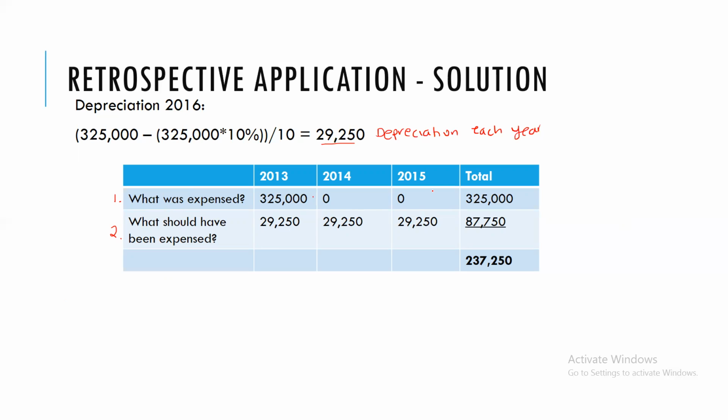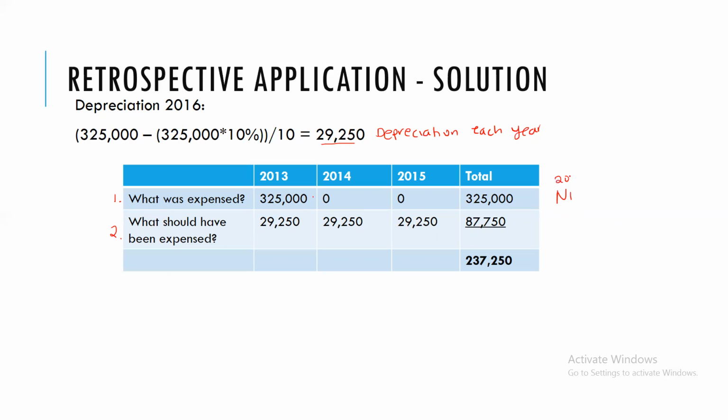So by the time we get to the beginning of 2016, they have expensed 325,000 when they should have only expensed 87,750. So if in total they expensed 325, but they should have only expensed 87,750, what's wrong with their net income in those 3 years?